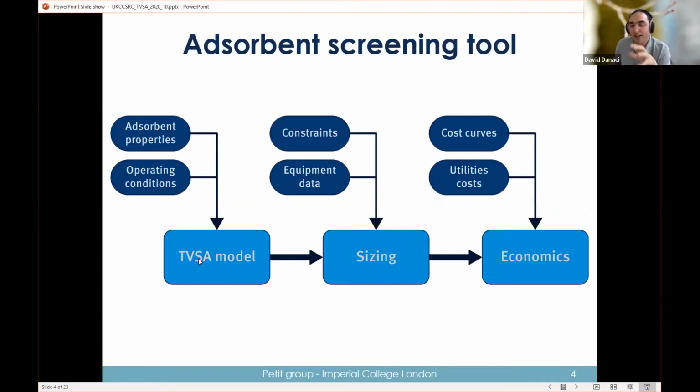The grand aim is that the TVSA model, with your adsorbent properties and operating conditions, goes into a process design model where you can size, enumerate, and cost your process equipment. Today, I'll be mostly focusing on the TSA model, and then there are one or two slides at the end about the economics. But this is still in progress.